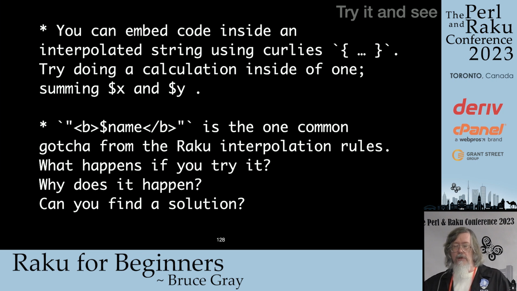If you try to dereference a scalar with a curly brace lookup or a square bracket lookup, it will assume that this scalar has a hash or an array inside of it, and just do the right thing. So what this looks like is that we must have a scalar variable named name that contains a hash that we want to do the quote words lookup of the string /b.